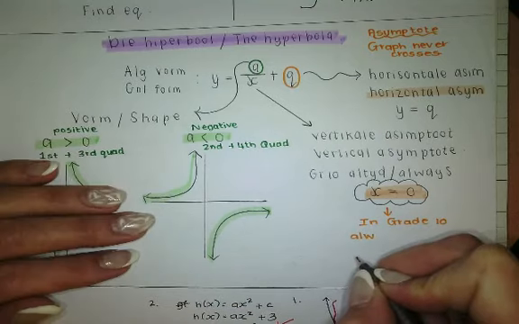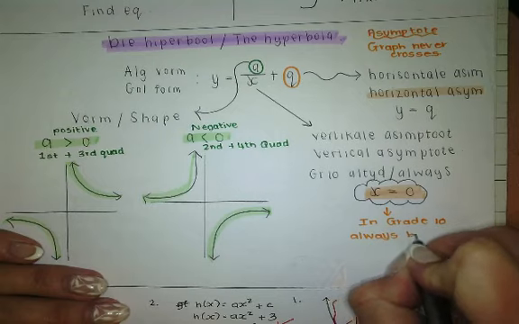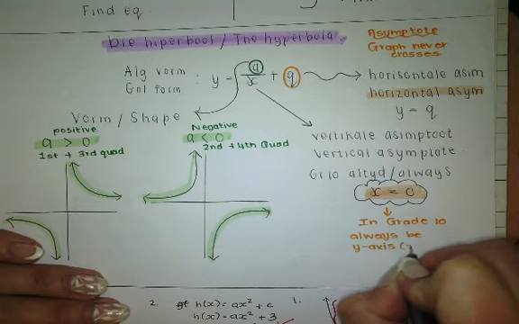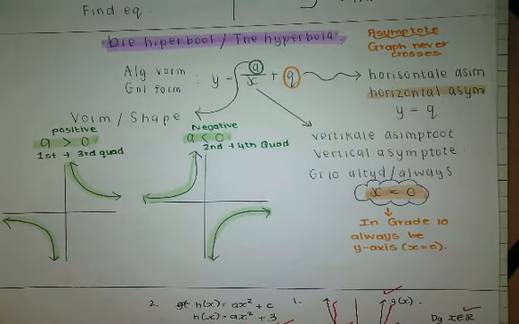But we know the y-axis is the x equals 0 line, right? So we know the y-axis is the x equals 0 line.